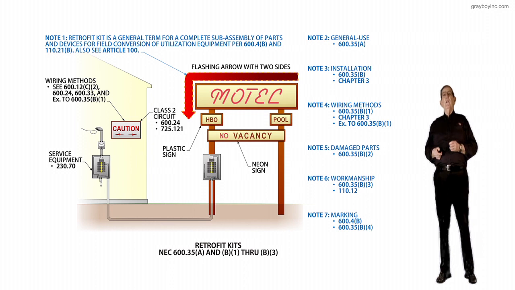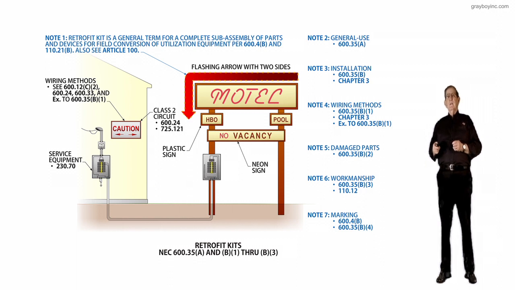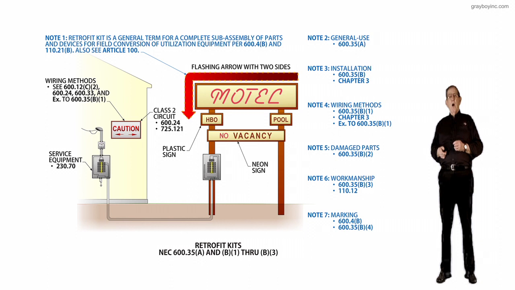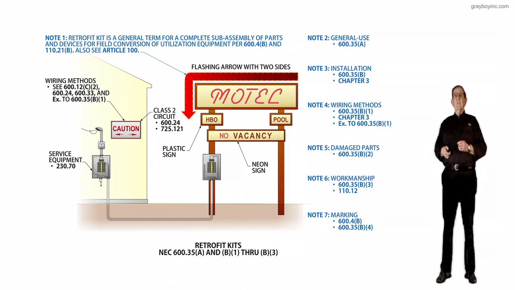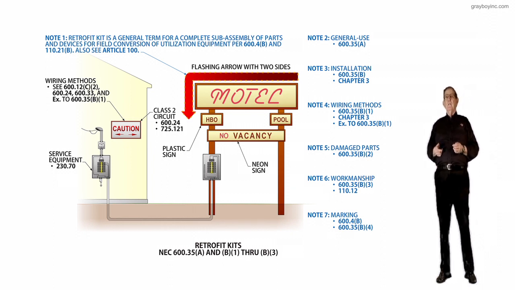Yes, we have HBO available. We even have a swimming pool if you want to swim. And then we are a motel. And then your markings have to be visible, as outlined in 600.4(D).